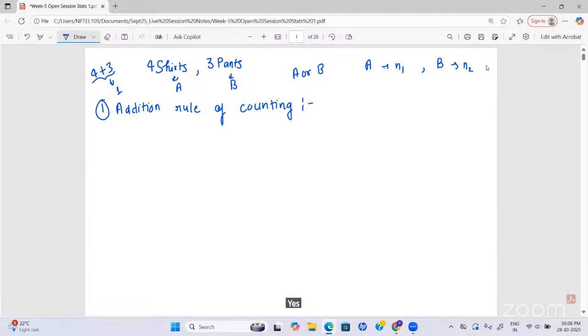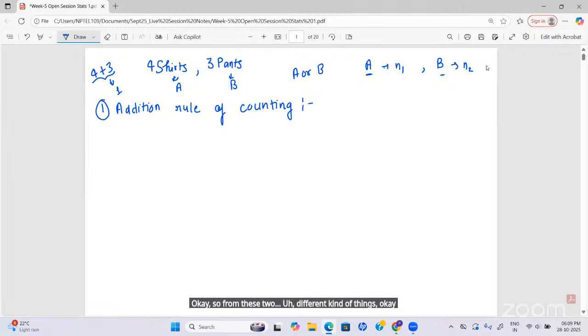If I ask you what is n1 and what is n2 for this example? n1 is 4 and n2 is 3. Yes, correct. Now, what is the meaning of action A and action B? There will be some objects or items from two different kinds of things.